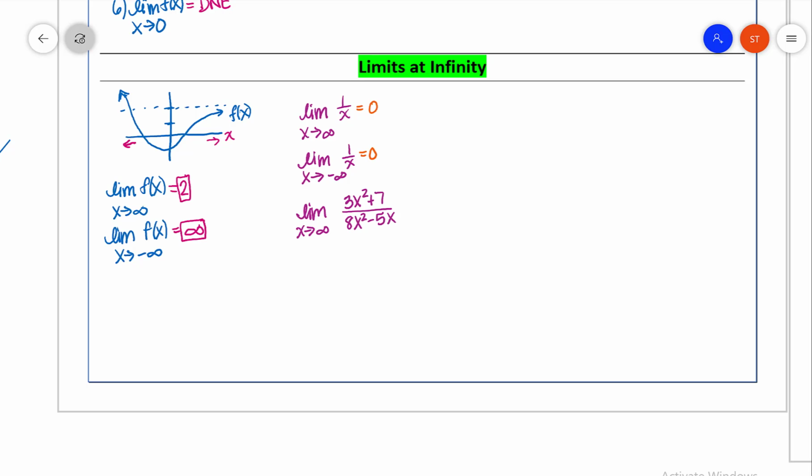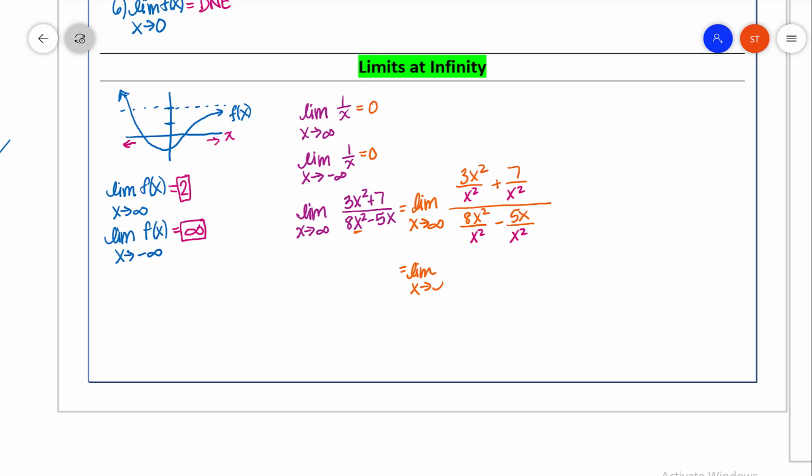So the highest power of x in the denominator is x squared. We're going to divide every term by x squared, and this will make it easier to find the limit. This is equal to the limit as x goes to infinity, and I'm just going to rewrite all of this, and then underneath each fraction, let's write x squared. That's the highest power of x in the denominator.